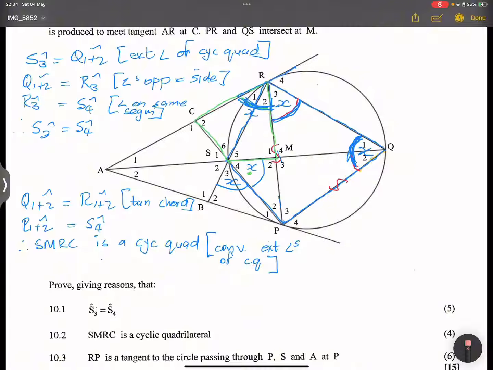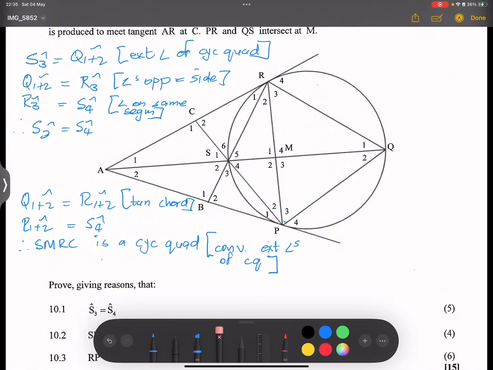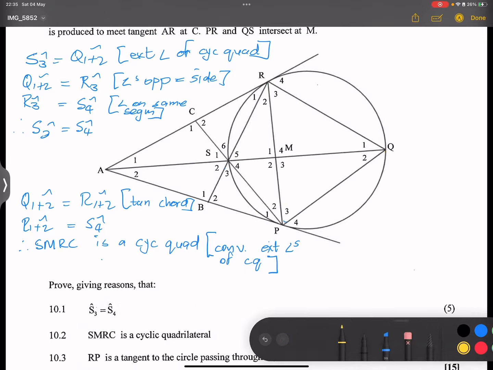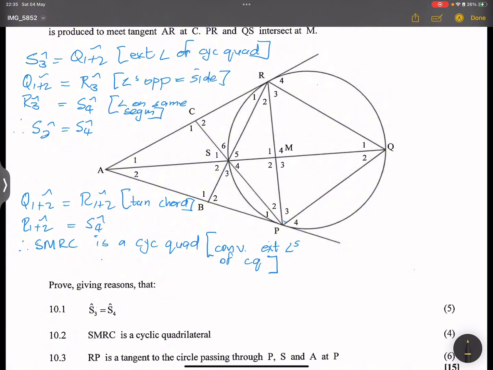Now, ladies and gents, let me try and remove some of the stuff so that we can see that. What they are saying to us is that suppose we could draw a circle, and that circle passes through P, S, and A, right? So if we were to have a circle there, I know my circle is really not circling, right?